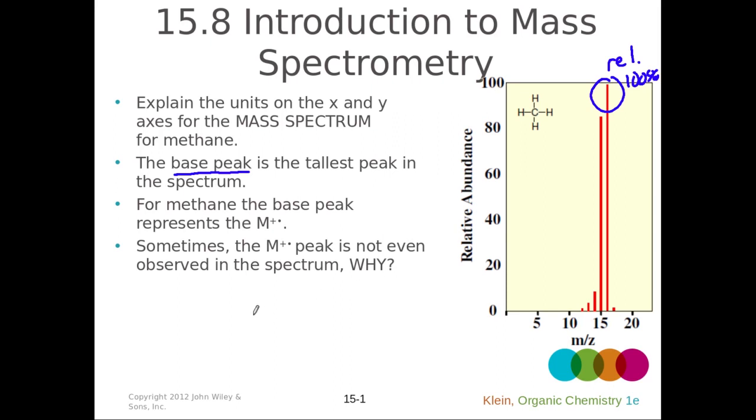So remember that the units of atomic mass units are based on carbon-12 having 12 AMUs, and all of the other isotopes of the different elements are based off of that.